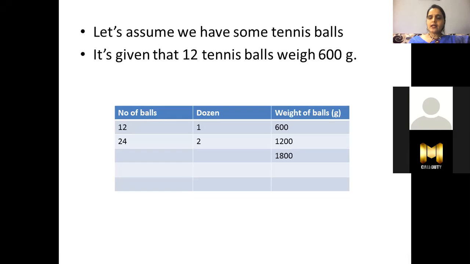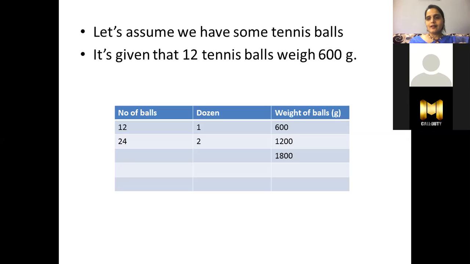Now we'll take another example. For example, I told you that you have 1800 grams of balls. When I say 1800 grams of balls and the given condition is 600 grams corresponds to 12 balls, how much will this 1800 correspond to? 36 balls.